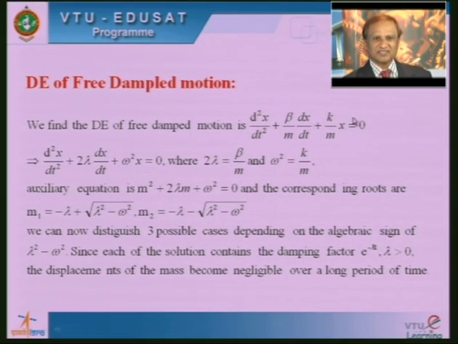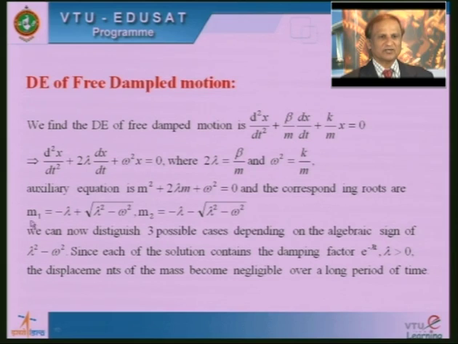Then this equation can be rewritten as m square plus 2 lambda m plus omega square is equal to 0, and it becomes an algebraic equation because I have replaced the capital D by a small m. Is it clear? And we know that it is a second degree equation. So you know the quadratic formula. By using the quadratic formula, we are able to calculate the values of m.